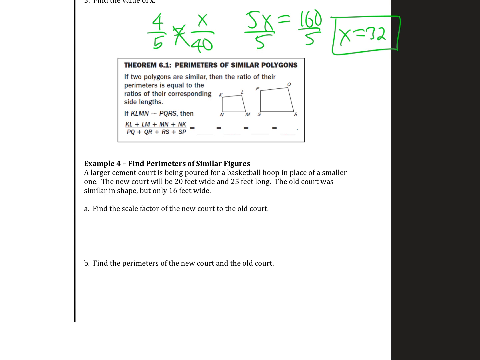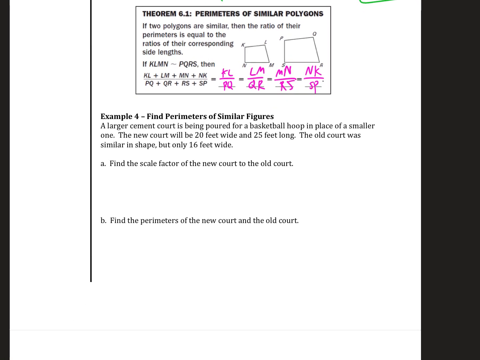So if we put in these blanks here, KL over PQ, the side lengths, all the ratios will be the same, but also the perimeters will be proportional, which means if you figure out the scale factor, you can use that scale factor to solve for the perimeter in a cool way, which we'll see in a second here. We have MN over RS, and we have NK over SP. So this is kind of a challenging problem here, but just stay with me and we'll be good, okay?